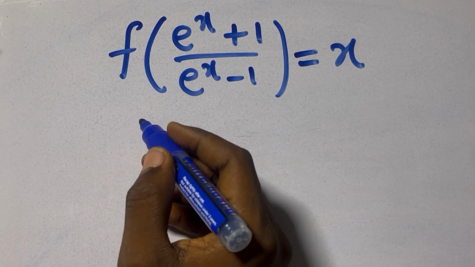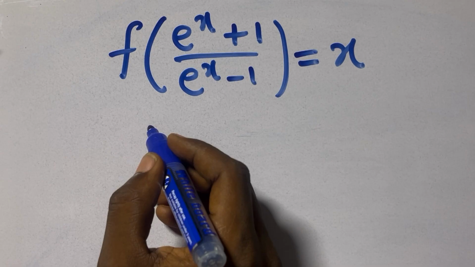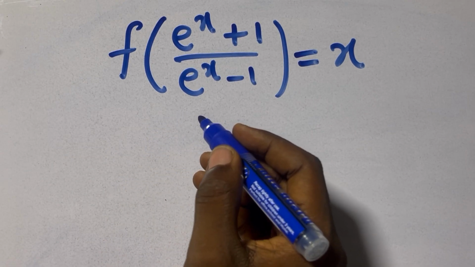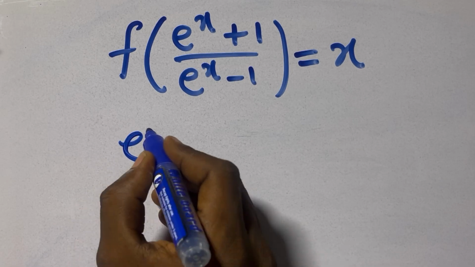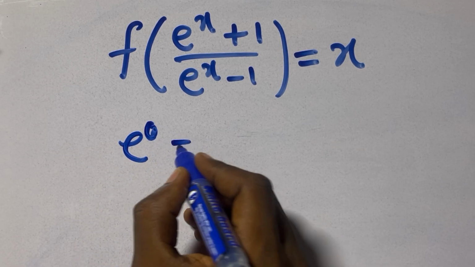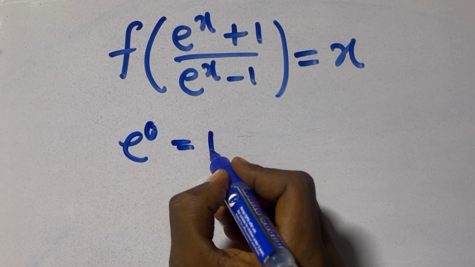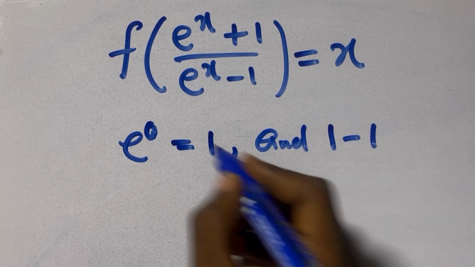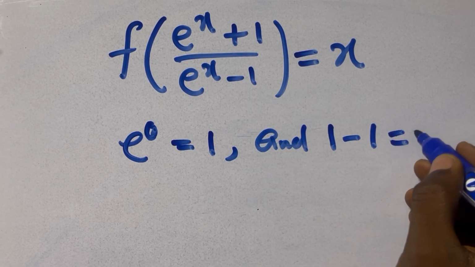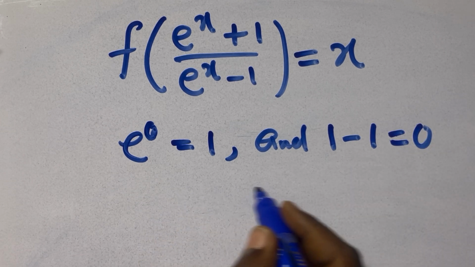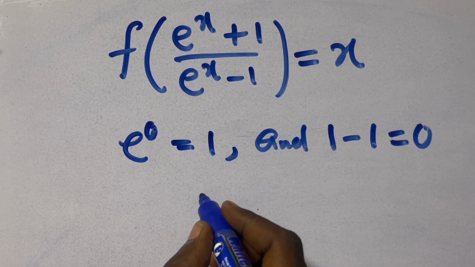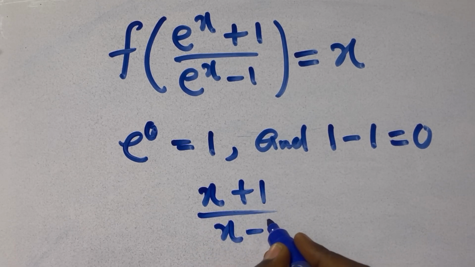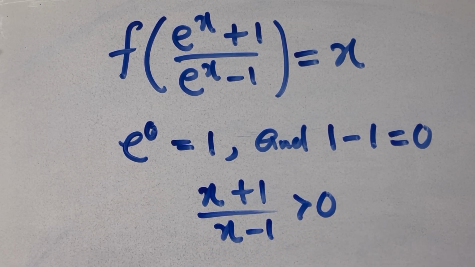In the first scenario, x could be anything, and it could be 0, because if we have e⁰, this is going to be 1. And when we have 1 − 1, this will also be 0. Therefore we will have the condition that (x + 1)/(x − 1) is greater than 0.